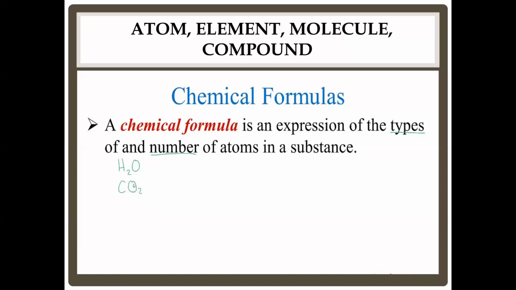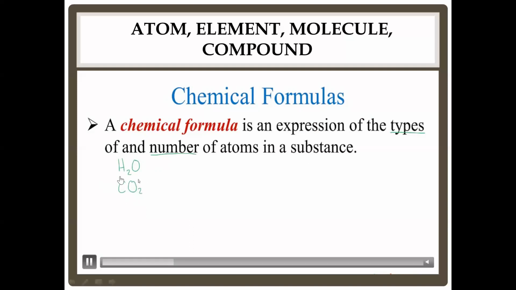Carbon dioxide, yesterday we learned about it. So what is this water's formula telling you? It is telling you that two hydrogen atoms are involved in it. Means, first of all, we will see the type of atoms. So there are two types of atoms, hydrogen and oxygen, and here it is carbon and oxygen.